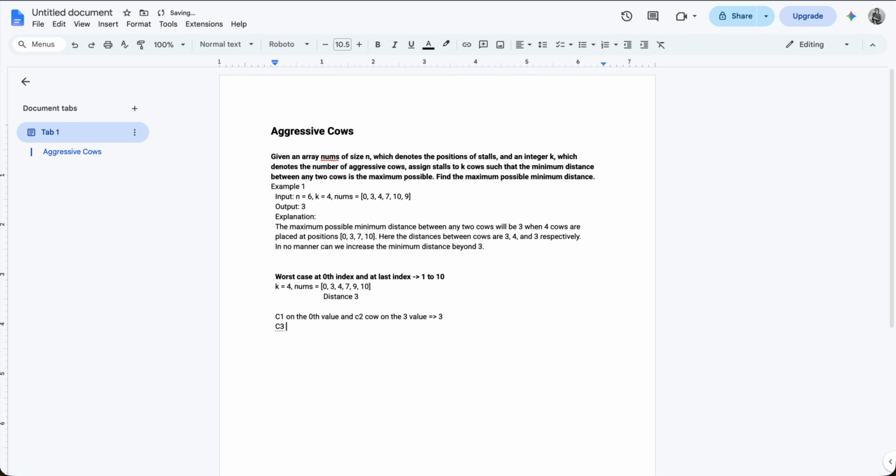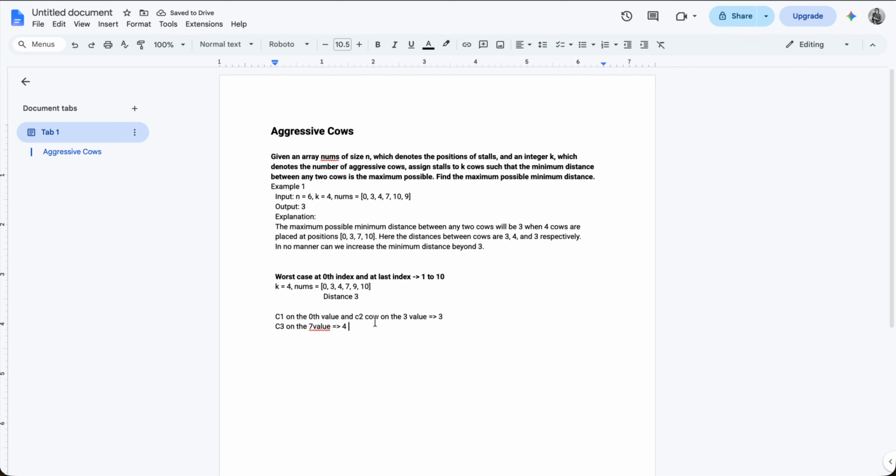And I'll place cow number 3 not on 4, but on 7, the 7th value. Here the distance of c2 and c3 is 4, which is okay to me, because I'm looking for distance 3 between the two cows.